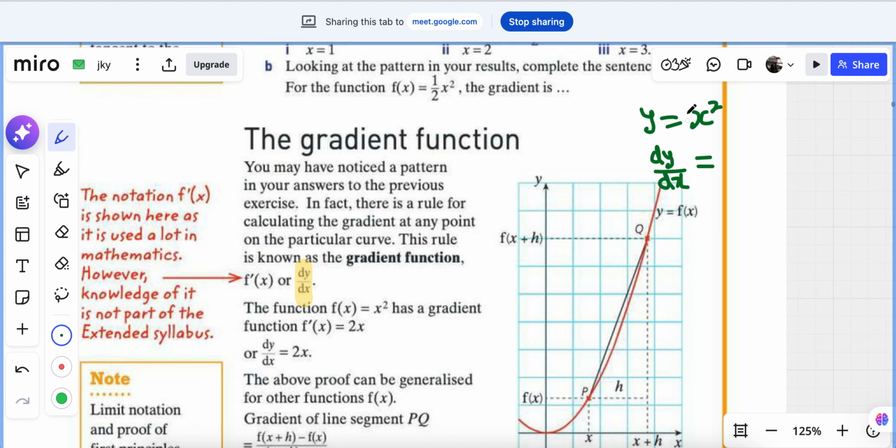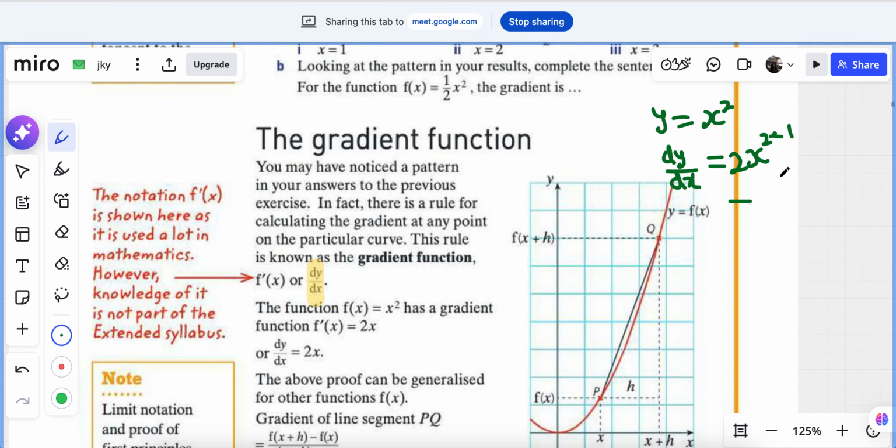Bring the power 2 to the front as the coefficient, so you write 2x instead of x squared. Then the power will be 2 minus 1. 2 minus 1 is equal to 1, so it is the same as 2x. So this is what it reduces to.